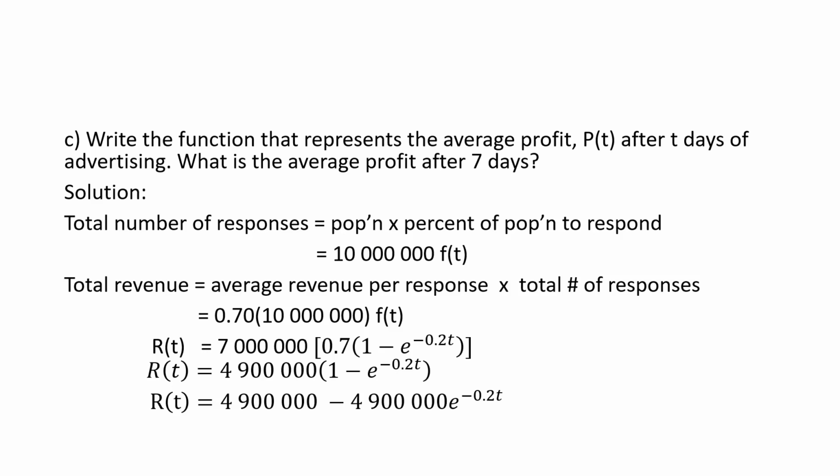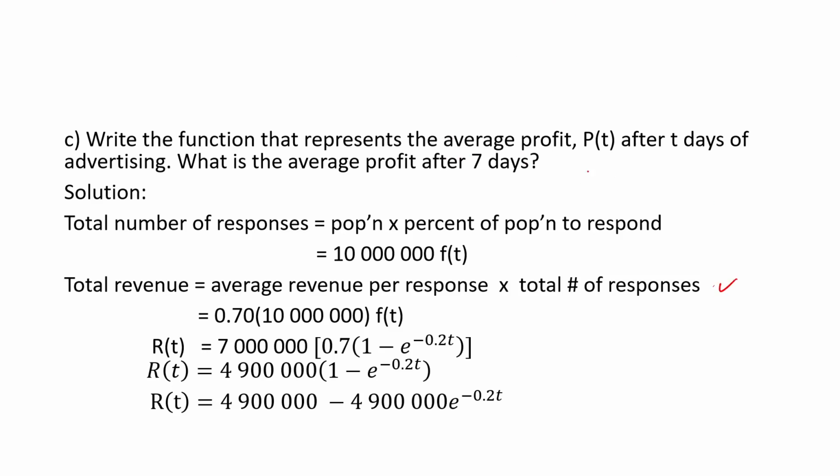Now, what we want to do next is determine the average profit. To determine profit, we're going to determine revenue and cost. So to determine revenue, let's get the total number of responses. Well, f at t represents the percentage of people who've responded.